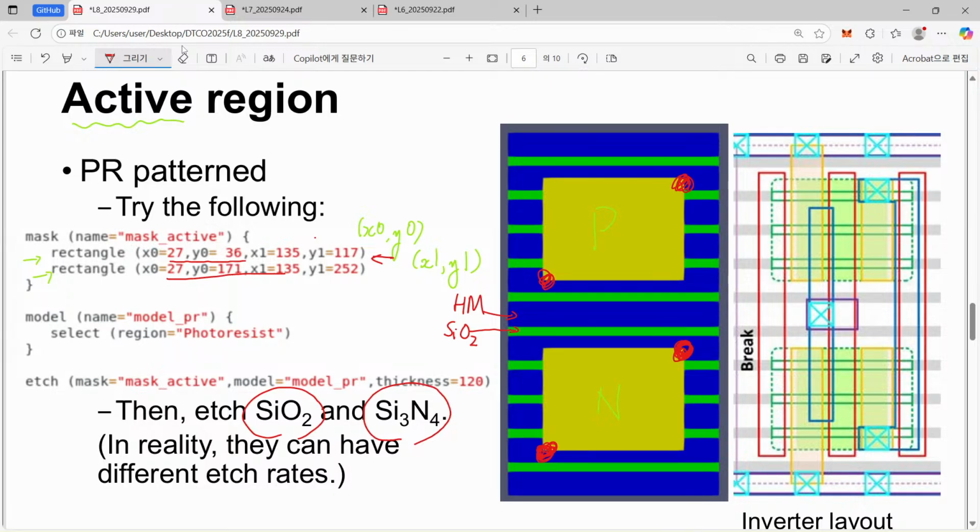Then you can ask me this question: how can we etch only silicon dioxide and silicon nitride selectively? PR usually is an organic material, so is there anything which can resist this etchant?